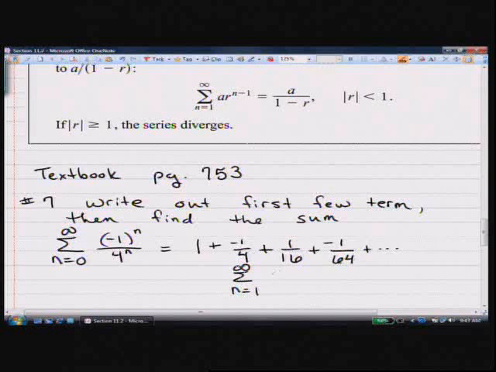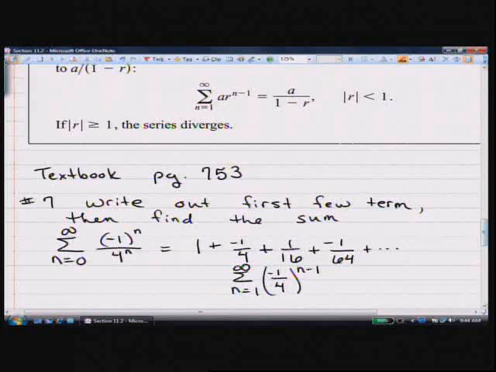I'm sorry. N goes from 1 to infinity of -1/4 to the n minus 1. We can write it in this form. Do you agree that we could also have written it in this form? Where we put a 1 in, we would get -1/4 to the 0 power, which would be 1. And then when we put a 2 in, we will get -1/4 to the 1, which is -1/4, and we put a 3 in.